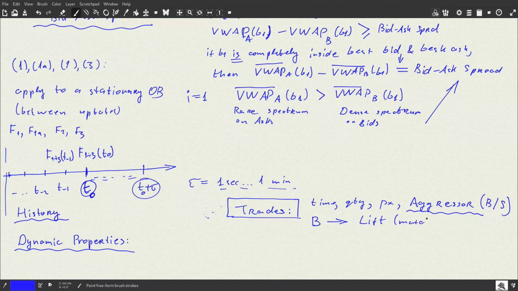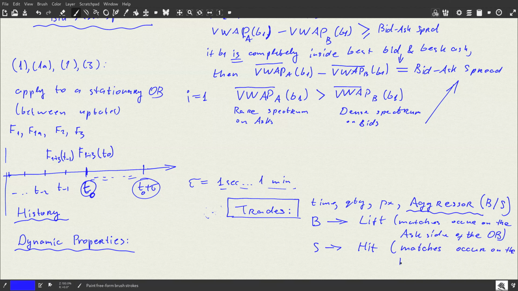So matches occur on the ask side of the order book. If the aggressor is the seller, then this is called a hit, and matches occur on the bid side of the order book.